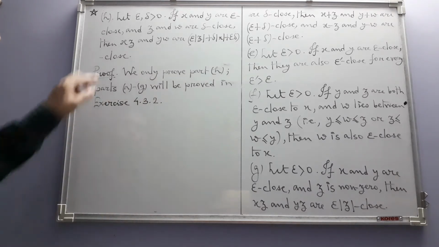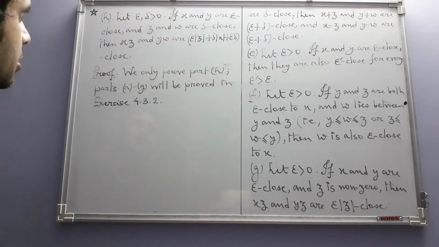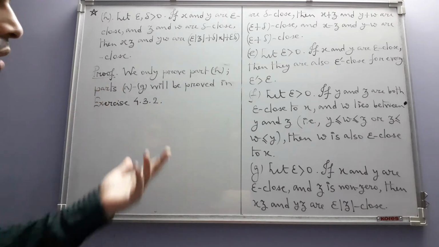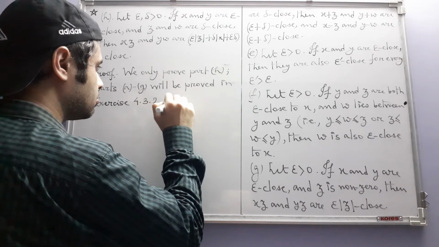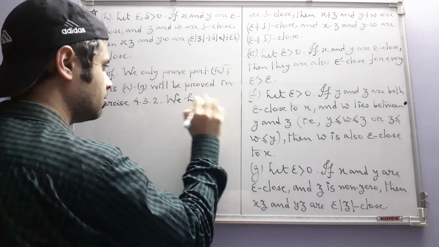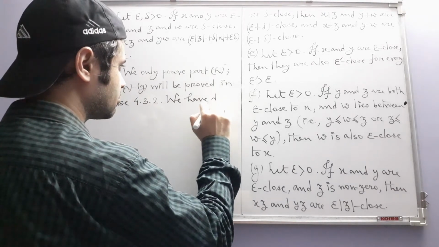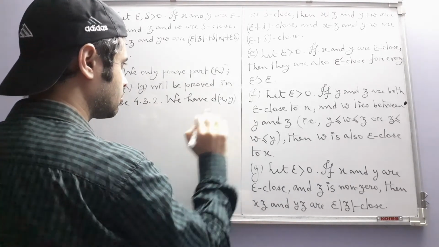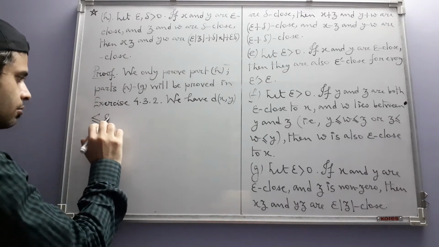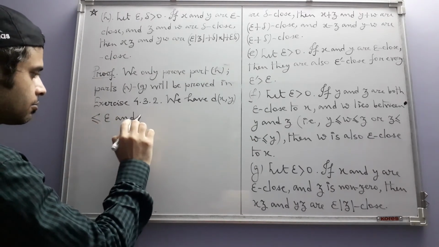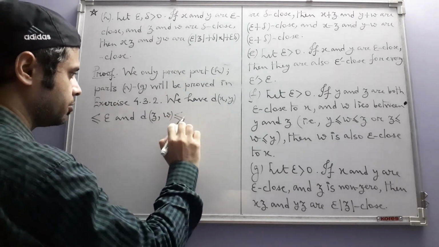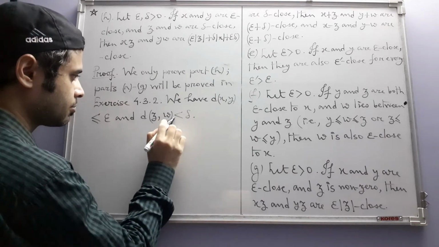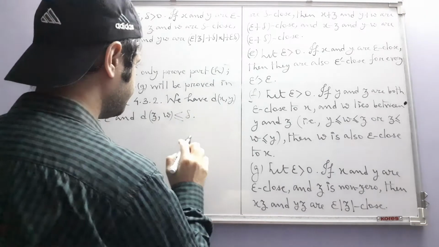Okay, so here we are given two rational numbers which are positive, and it is given that x and y are epsilon close and z and w are delta close.